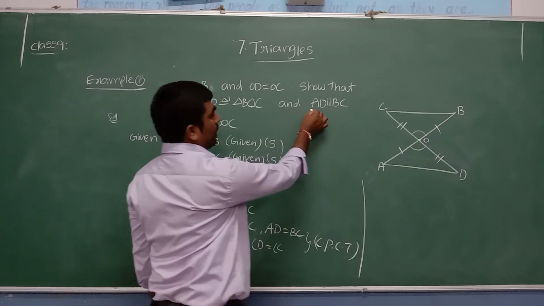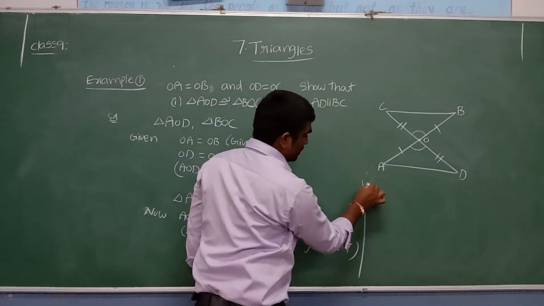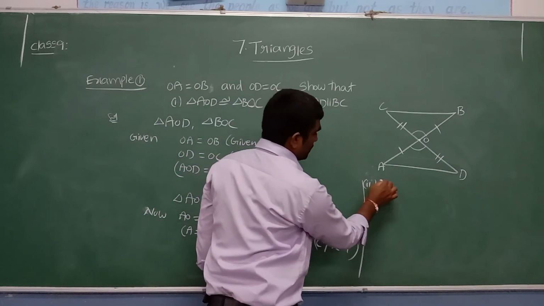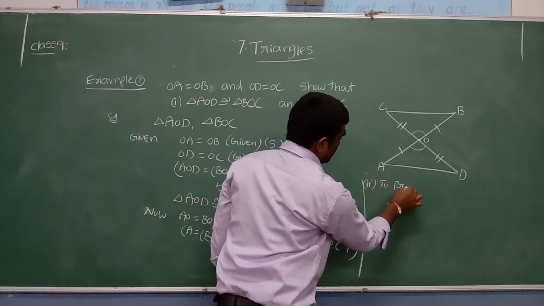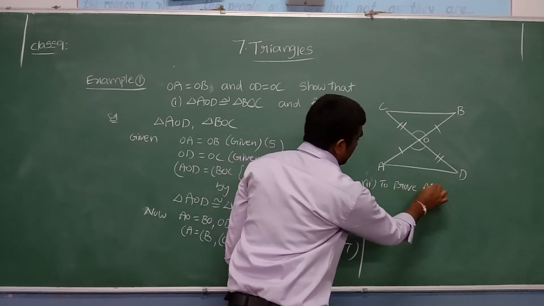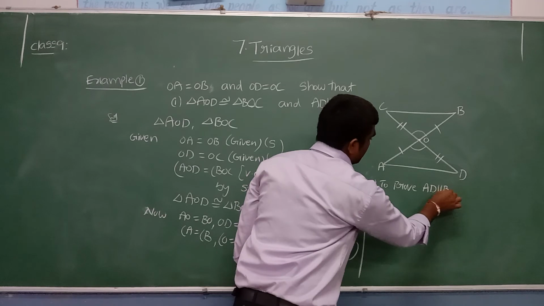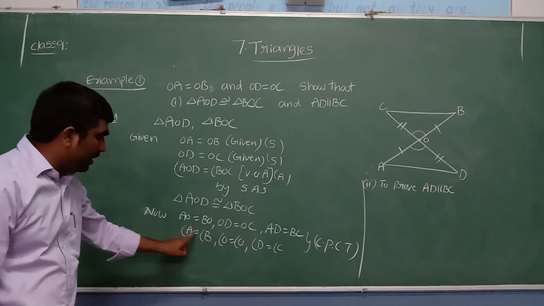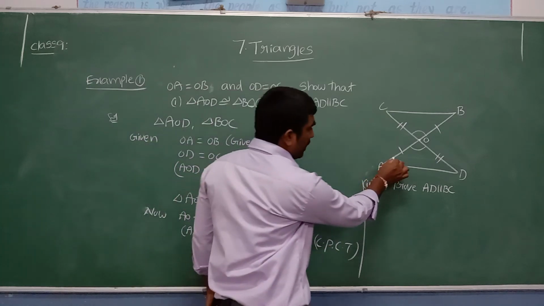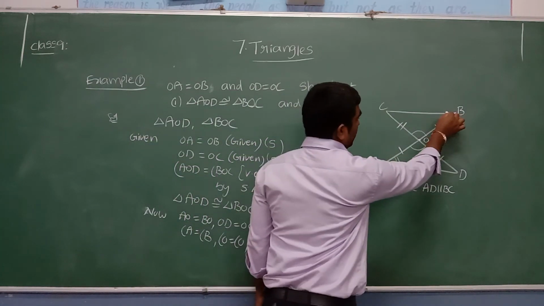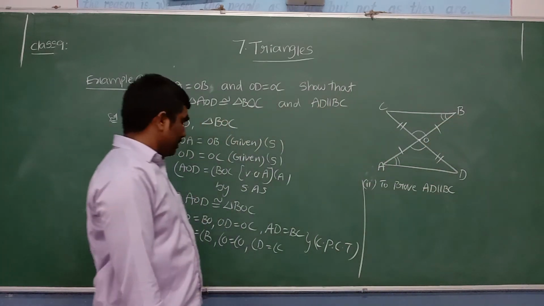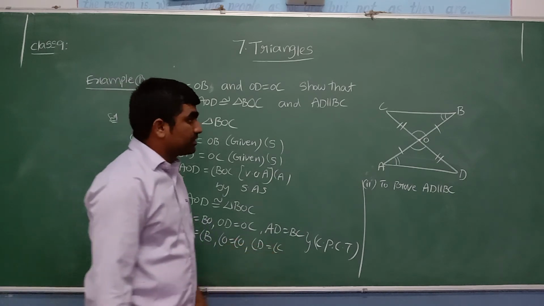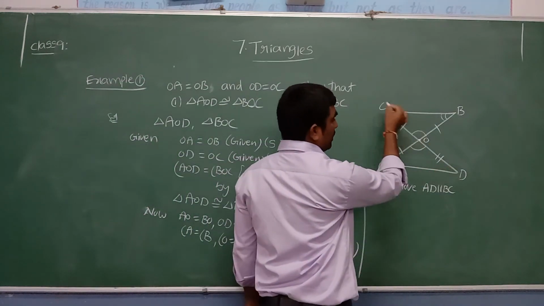They are asking us to prove AD parallel to BC, so let me take the second condition. To prove AD parallel to BC, we know the corresponding angles: angle A is equal to angle B, and angle D is equal to angle C also.